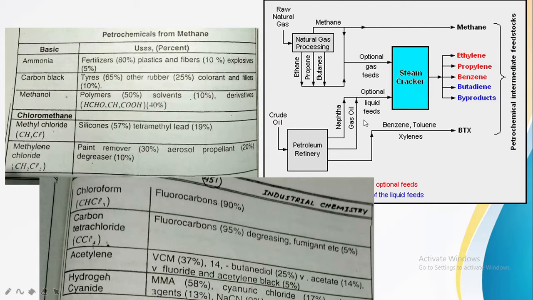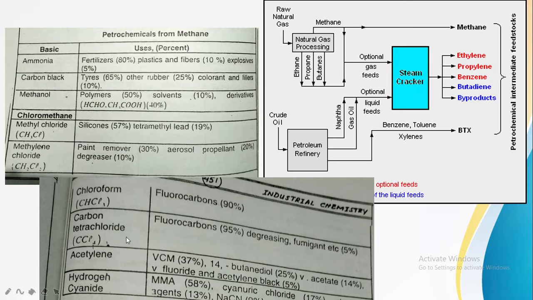And the uses and percentages: ammonia fertilizers 80%, plastic and fibers 10%, explosives 5%. Carbon black is used in tires 65%, other rubber 25%, colorants and inks 10%. Methanol, polymers 50%, solvents 10%. Derivatives: chloromethane, methyl chloride, silicone 75% and tetramethyl lead 19%.